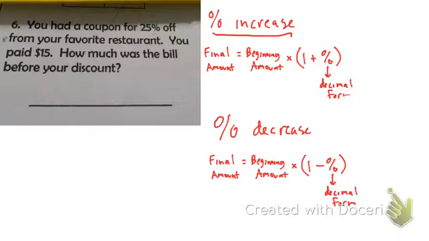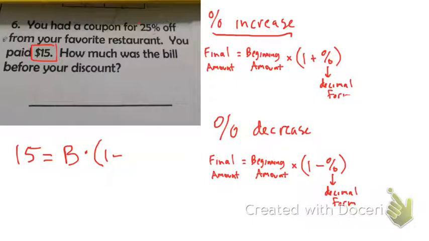My final amount is the amount that you paid, so I know my final amount is 15. That equals my beginning amount, which is what we're trying to figure out, so I'm just going to leave that as B. That's my beginning amount, and then we're going to multiply it by 1 minus my percentage. The percentage is 25%, but we want to put this into decimal form.